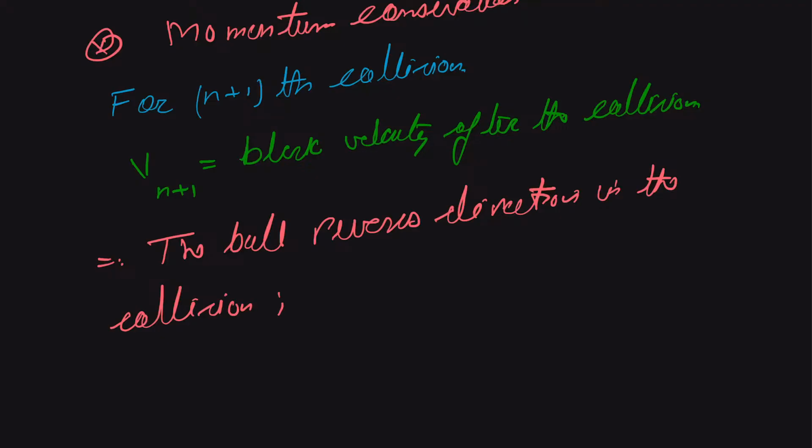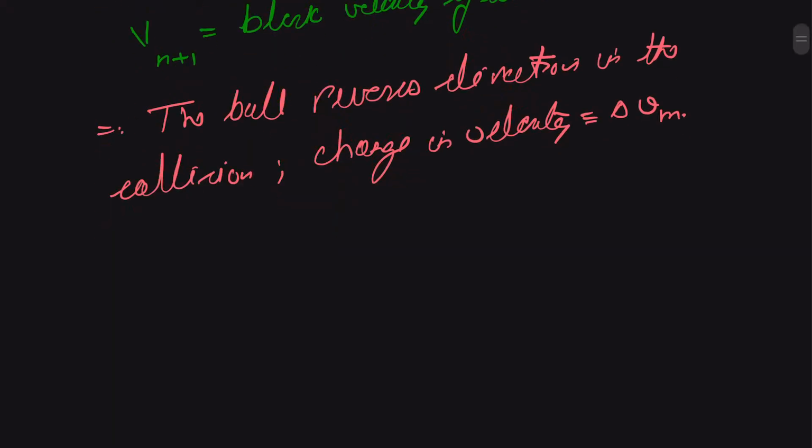Therefore, let us call its change in velocity delta v of m. Then delta v of m will be equal to v of n minus minus v of n, and this gives us twice v of n.